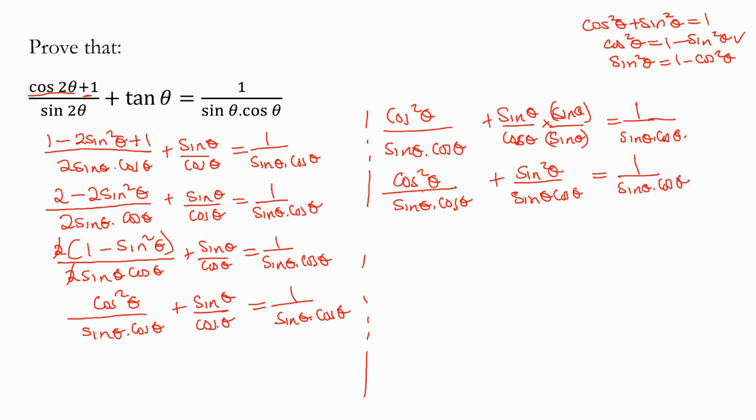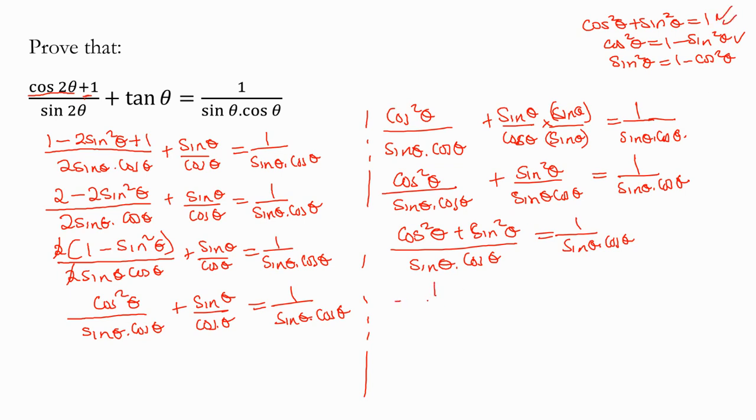The denominators are the same now, so we can add the numerators. And cos squared theta plus sin squared theta is 1.